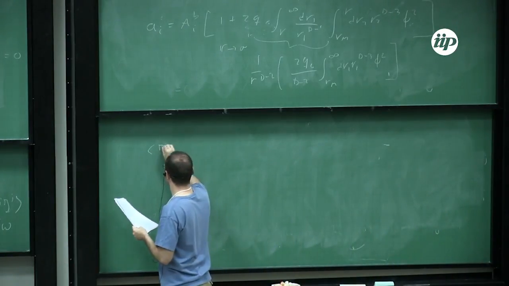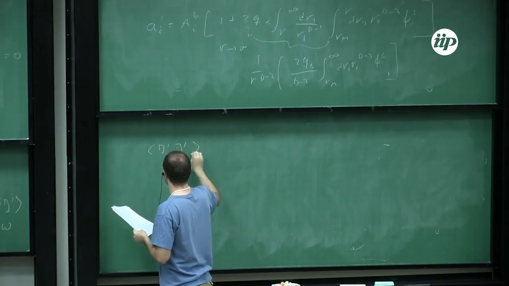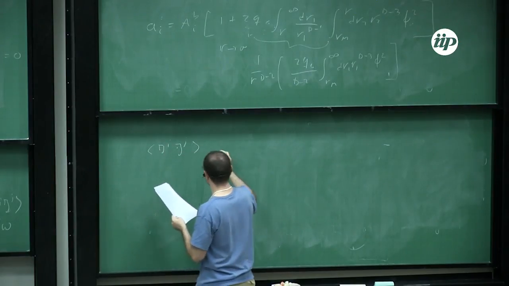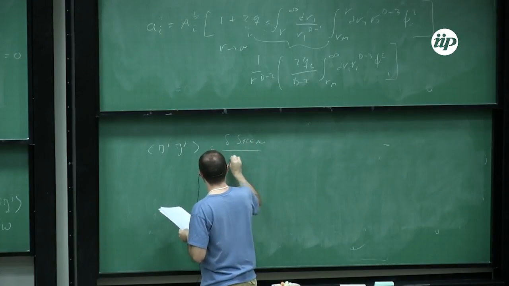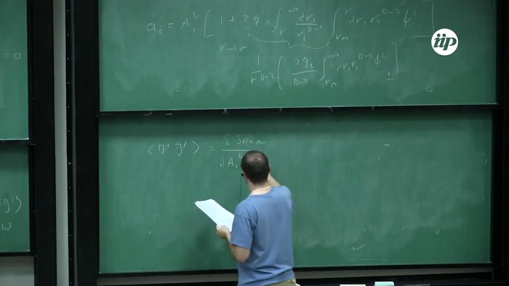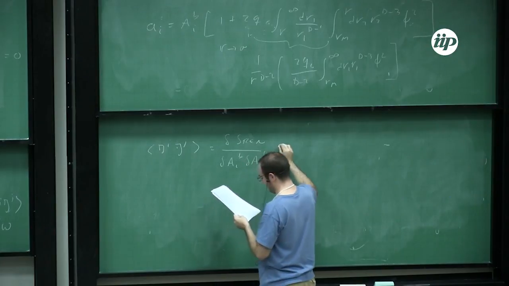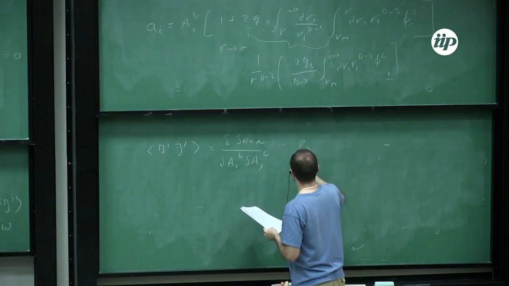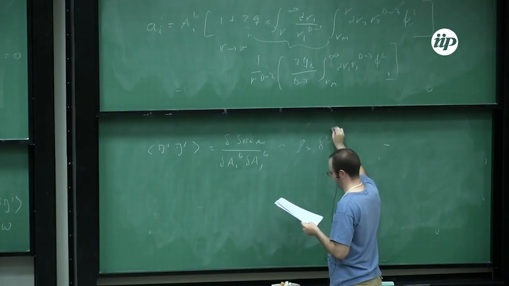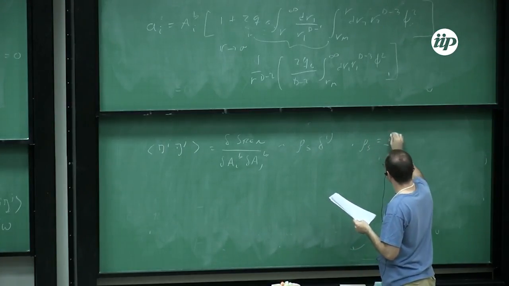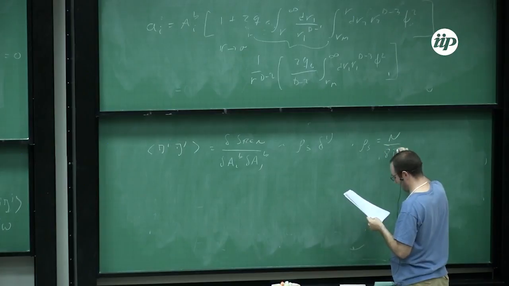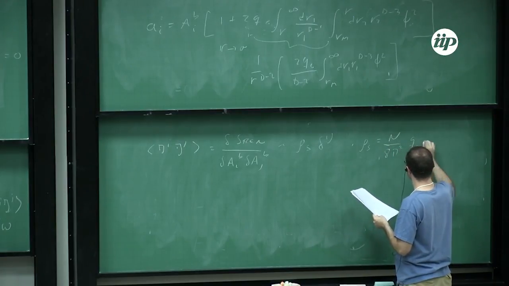So the current correlator will be given by something that is the variation of the renormalized action. And this goes like some constant, rho_s times delta_ij. And this rho_s is given by an expression like this.